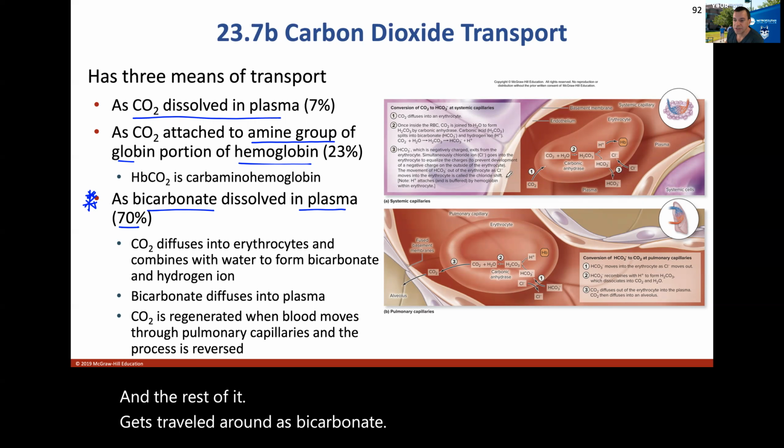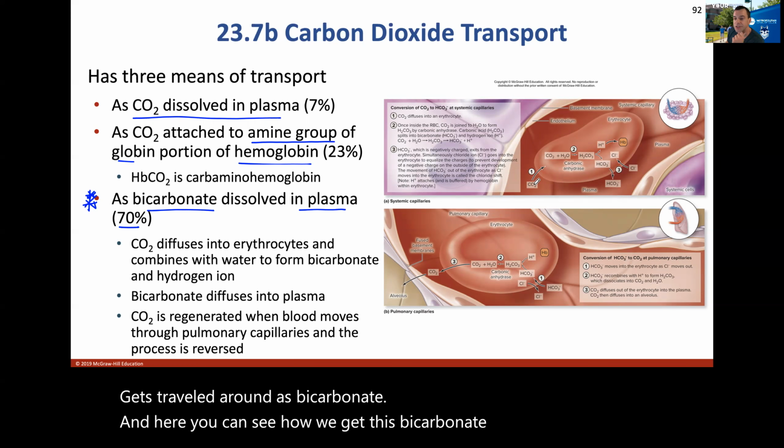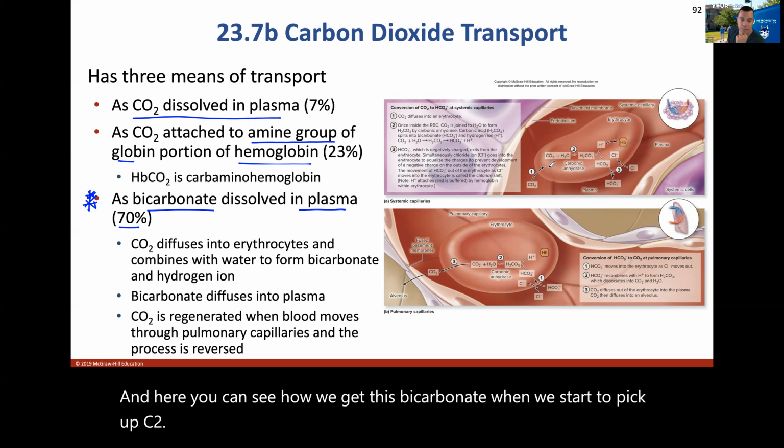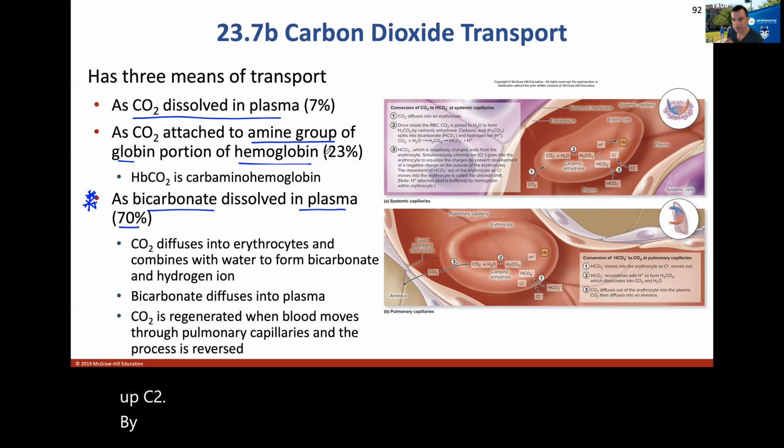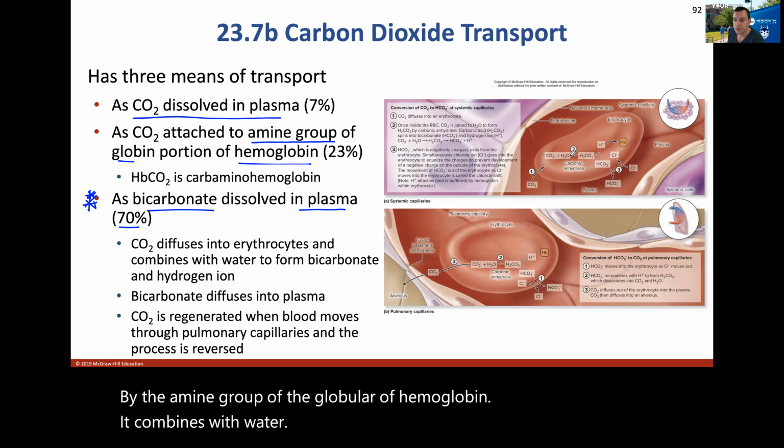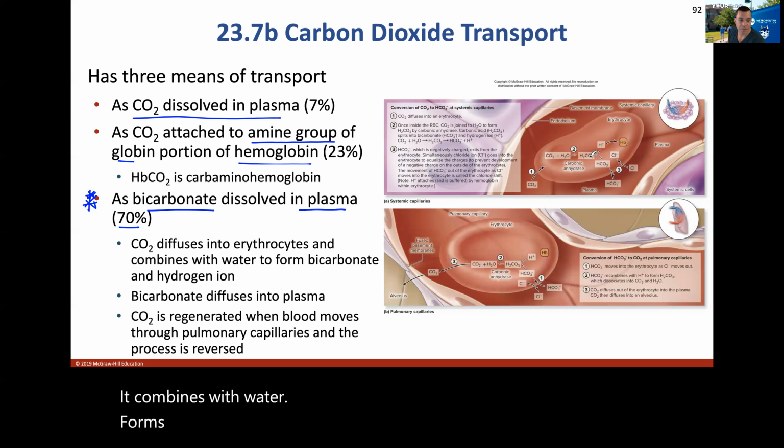And here you can see how we get this bicarbonate. Okay, when we start to pick up CO2 by the amine group of the globin of hemoglobin, it combines with water, forms H2CO3, and carbonic acid is detrimental.